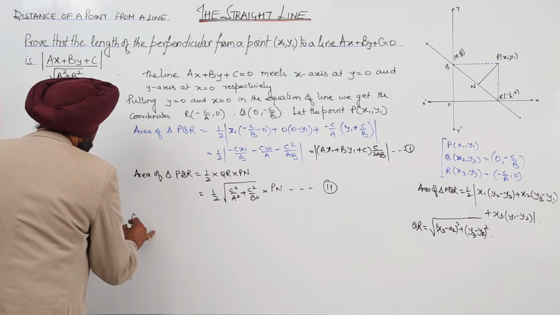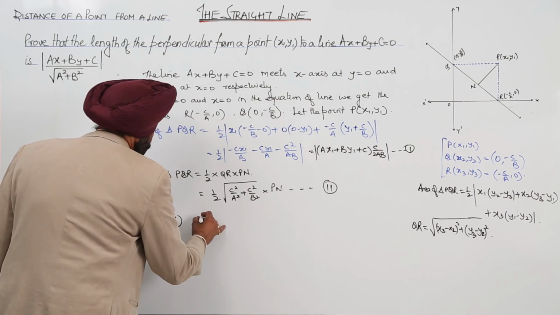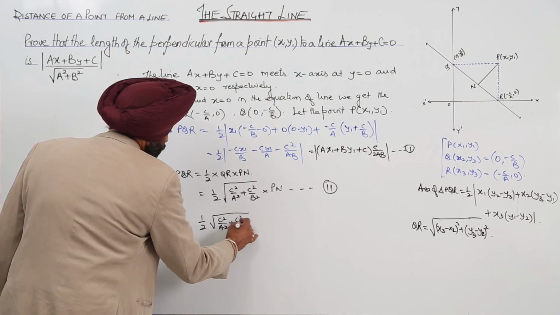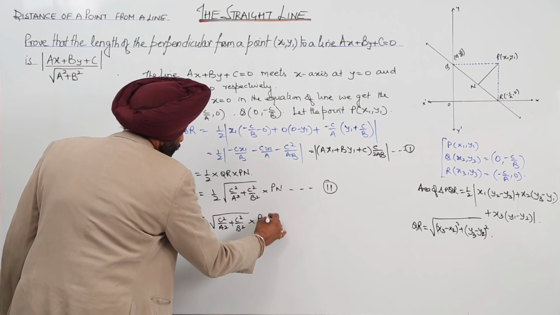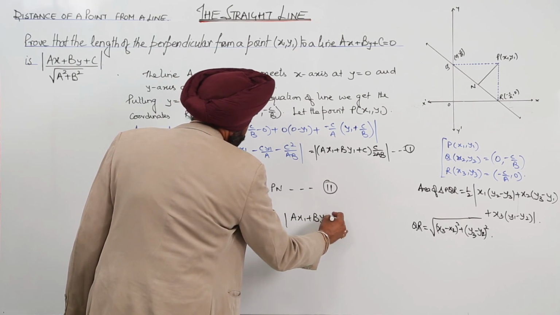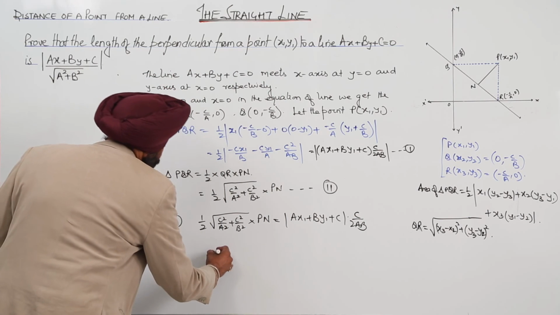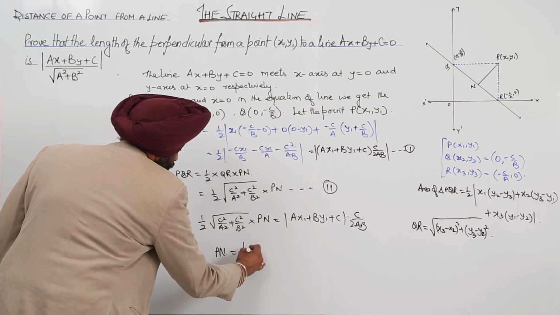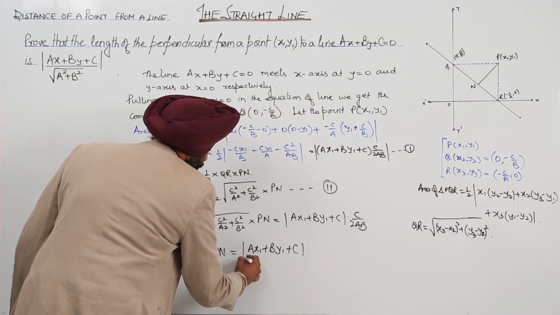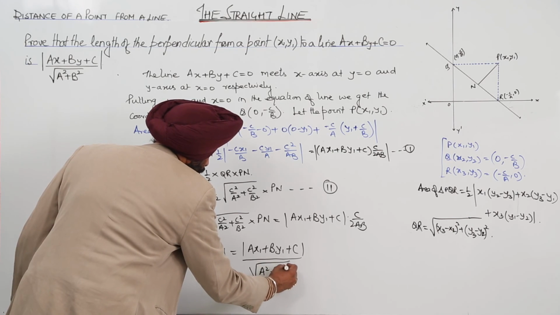Okay. Now from 1 and 2, half times the square root of c square upon a square plus c square upon b square times PN is equal to (a x1 plus b y1 plus c) with c upon twice of ab, or PN is equal to (a x1 plus b y1 plus c) upon the square root of a square plus b square.